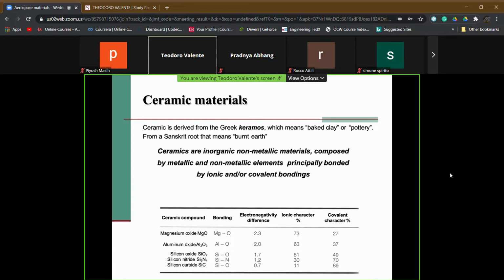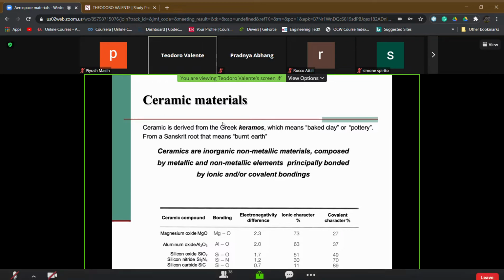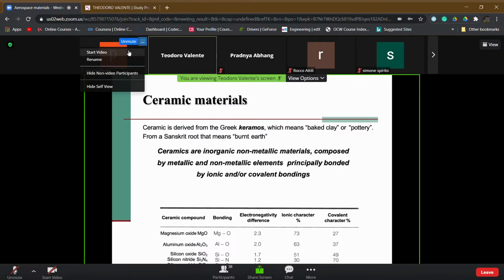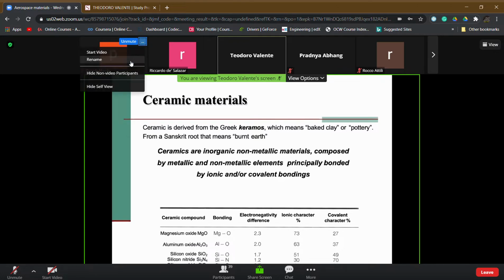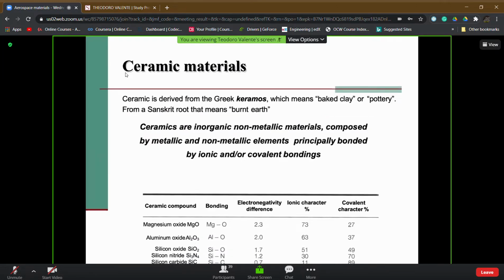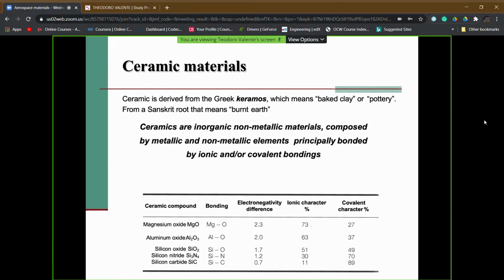My purpose is to discuss with you in a deep way what we have done in, I would say, very few passages in the last course, on this class of materials, in order to let you know which are really the applications in the area interesting for us, and which are the limitations of this class of materials from a structural point of view, then turning to discuss in another lecture the concept of ceramic composite materials. So let's start with a bit of etymology.